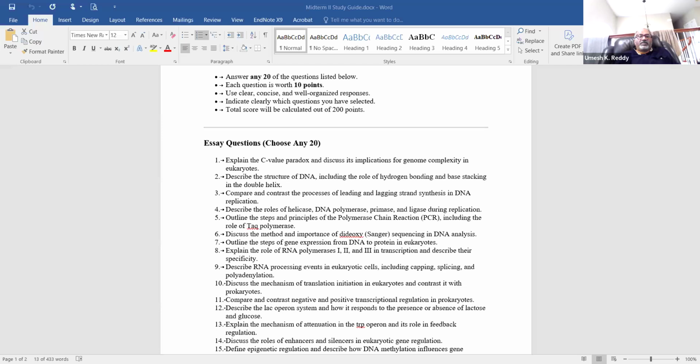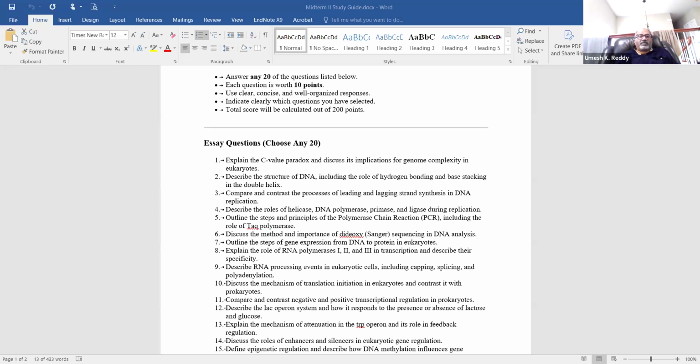The tRNA brings amino acids to the ribosome, and each codon is matched with the tRNA's anticodon. This catalyzes formation of peptide bonds between the amino acids. During termination, UAA, UAG, or UGA are reached, and release factors cause the ribosome to release.